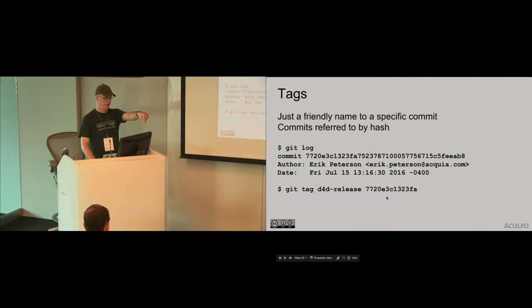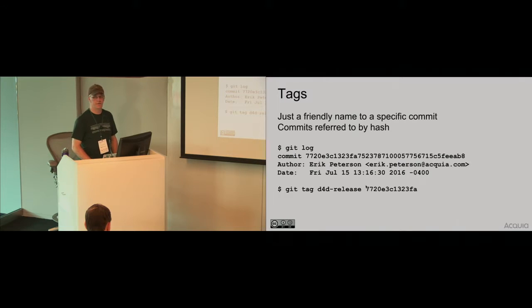You want to just point at it and say this one and put a sticky note on it and say this was the commit we had released on Saturday. This is a good way to do it because you can tag it with a name, and you don't always have to remember the hash number. So tags are really just the same as a commit. It's just a way of naming a specific commit, something helpful.